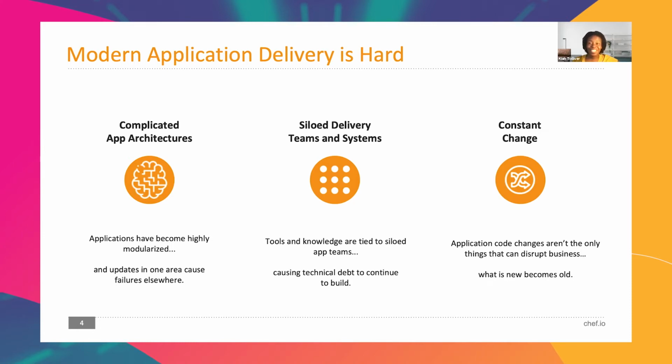Changes in one area can cause failures in another, and we've all experienced this. The responsibility for these components falls to different teams that are siloed from one another, adding even more friction to velocity, and also increasing tech debt, which we want to keep to a minimum if possible. Can never get rid of it, but we want to keep it to a minimum.